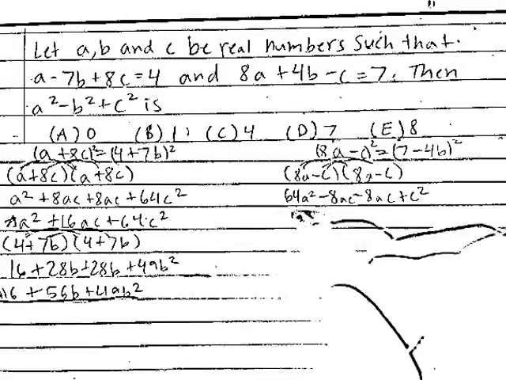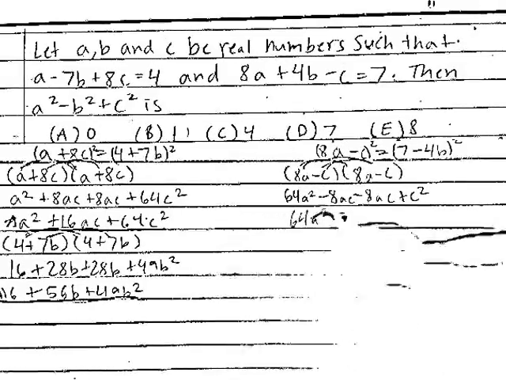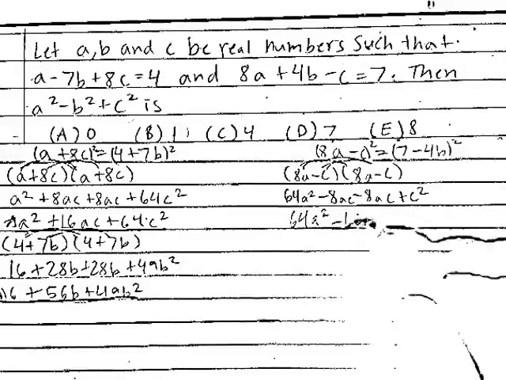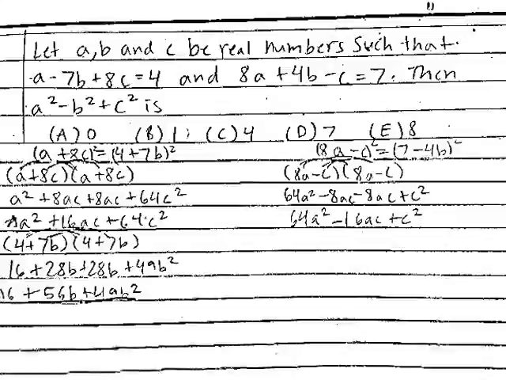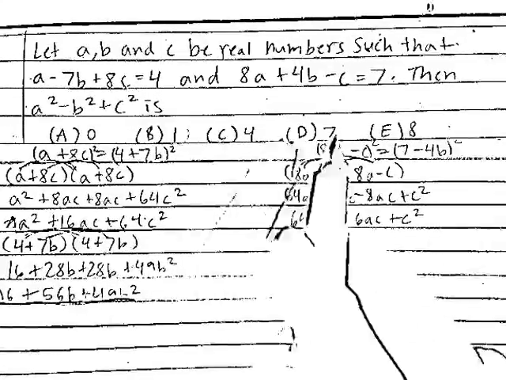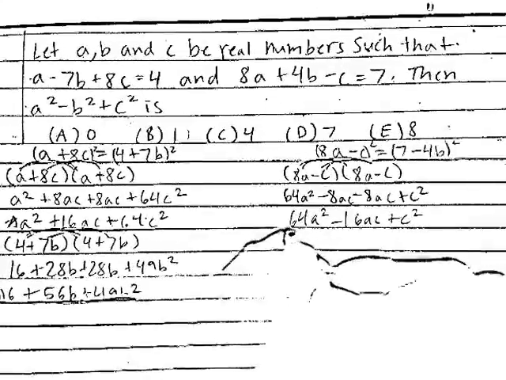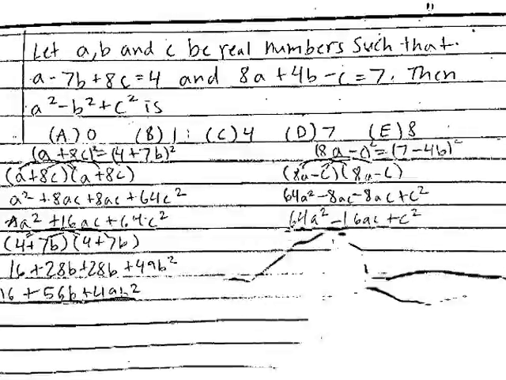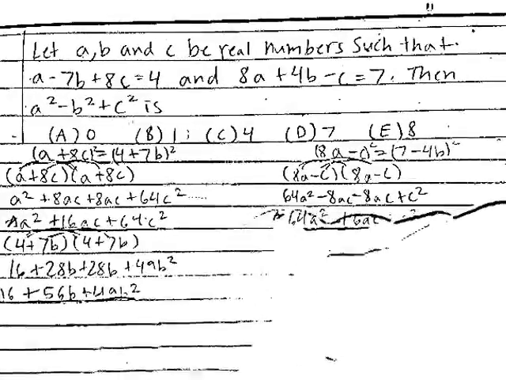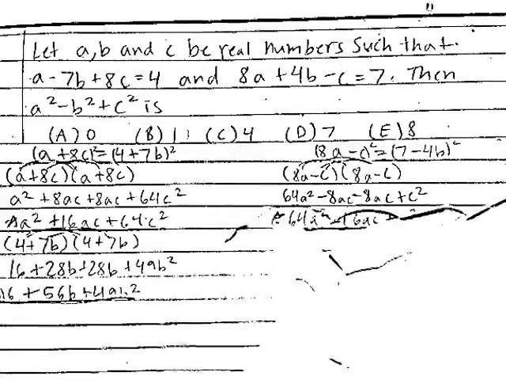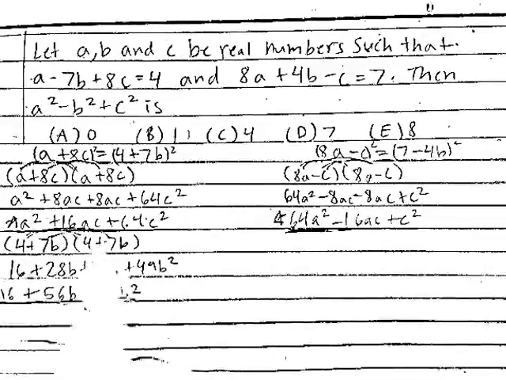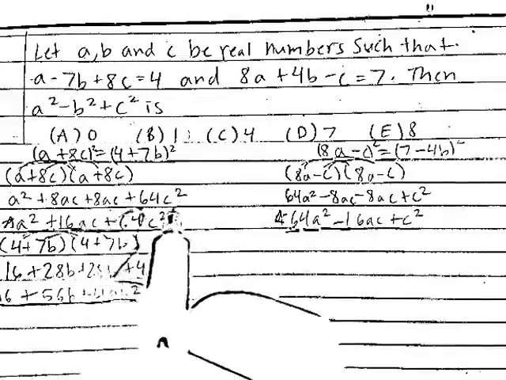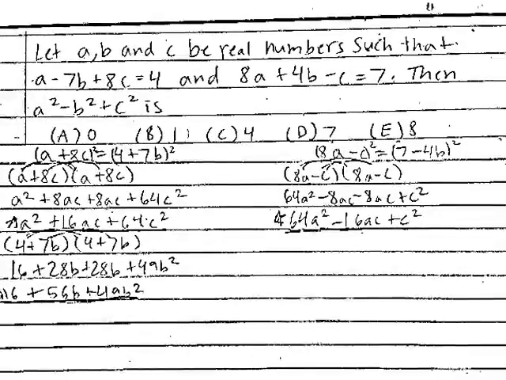And simplifying this, you would get 64a squared minus 16ac plus c squared. And that's equal to this. I'm going to make a triangle so you can see. Oh my god, sorry, that's a star. Triangle. And then these are stars because they equal each other.